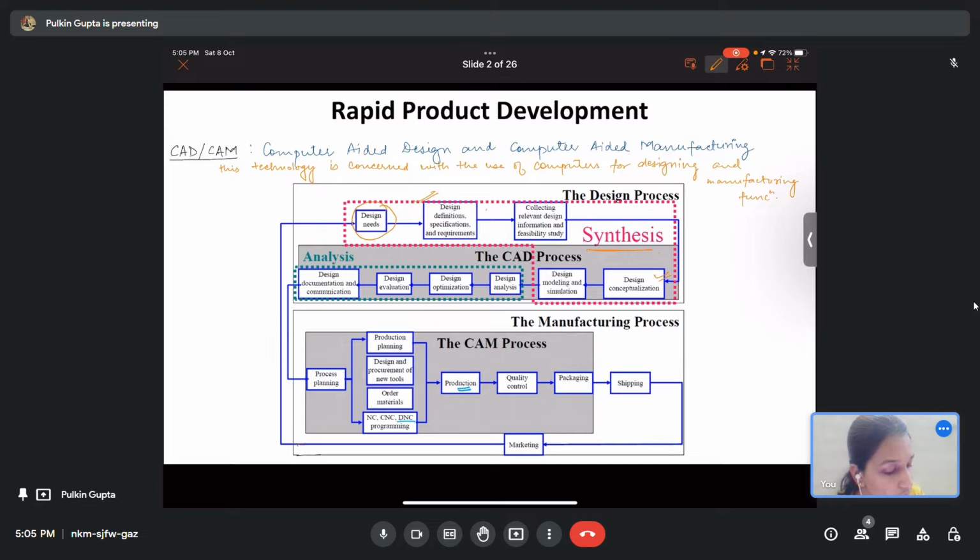So analysis is done to check if the specific design can meet the requirements of the user or not.